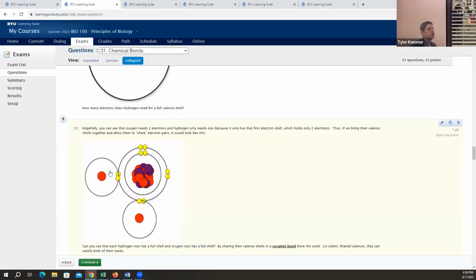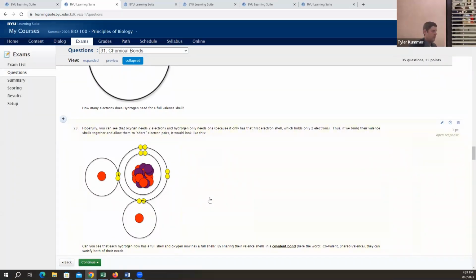When 2 atoms share electrons, each atom feels like it's gained an electron. So when hydrogen shares its electron with oxygen, hydrogen now feels like it has 2 electrons. When oxygen shares with hydrogen, it now feels like it has 7 in that outermost shell. That's why oxygen and hydrogen bond together. Now, these electrons aren't stable in a single place.